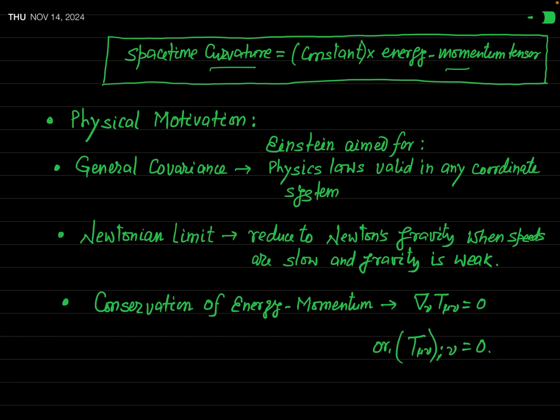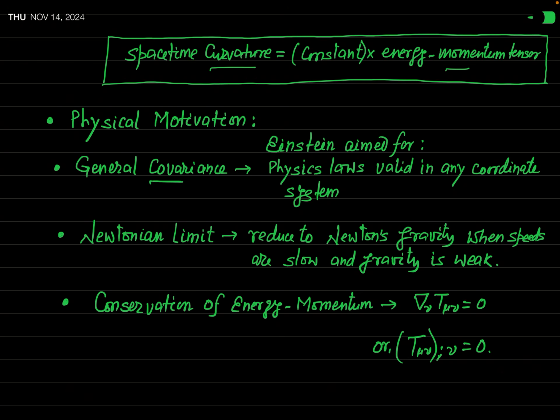And what physical ideas do we obtain from this Einstein field equation? What are the physical motivations? In fact, when you derive this field equation, you have to consider some basic facts. First of all, we must think about the general covariance principle.